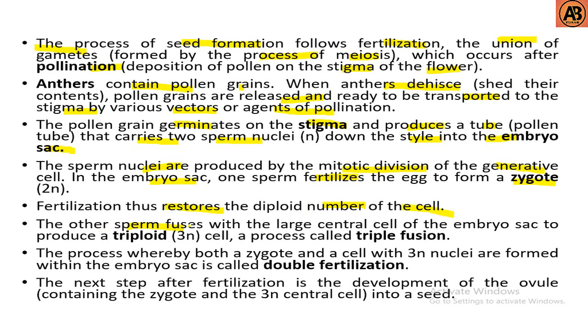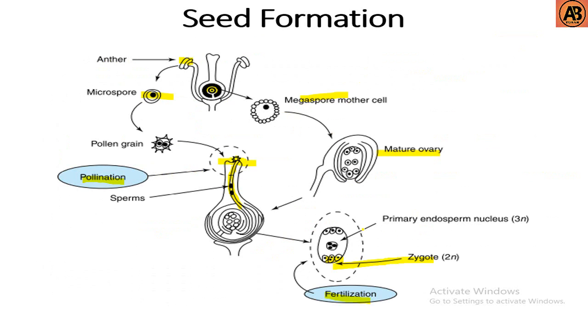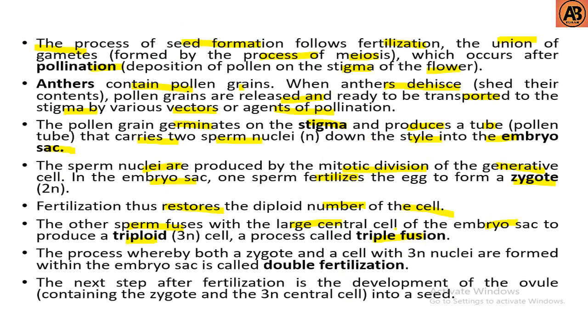The other sperm fuses with the large central cell of the embryo sac to produce a triploid cell, a process called triple fusion. That means there are two sperm nuclei. The first one fuses with the egg, which forms the zygote, and the second nucleus fuses with the central cell, which creates the primary endosperm nucleus, or triple fusion.